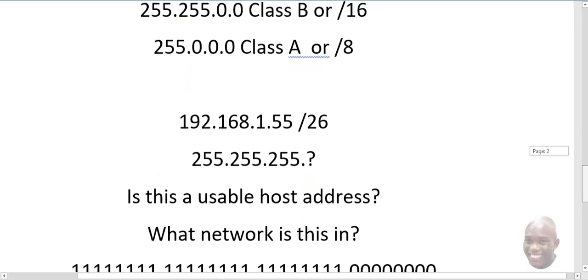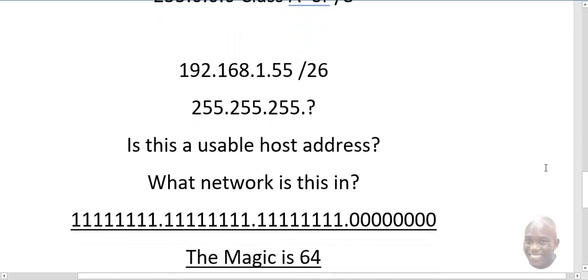So here it is now that we have 192.168.1.55, and sometimes in the CCNA they ask you, is this a usable host address, is it a network address, is it a broadcast address? And if it is a usable host, then what network is it in.